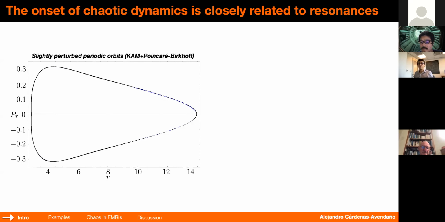Okay, so let's step back and then see what I have been talking. We have an EMRI. It will just go around the supermassive black hole in a sort of geodesic. We're treating the small particle as a geodesic. We can study the dynamics of the system by just looking at the trajectories. But what I'm saying is, we can also study that from the phase space.